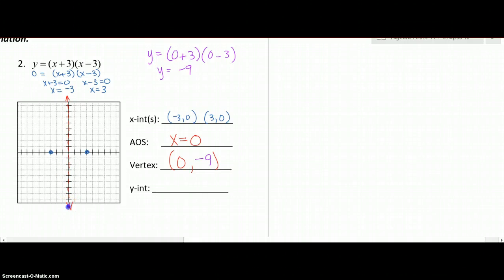Looks like we're just off the graph here. And it's actually on the y-axis. Because it's on our axis of symmetry, it goes through 0. That is also the y-axis, so it is also the y-intercept. Connect the dots. Nice smooth curve. And there's our parabola.